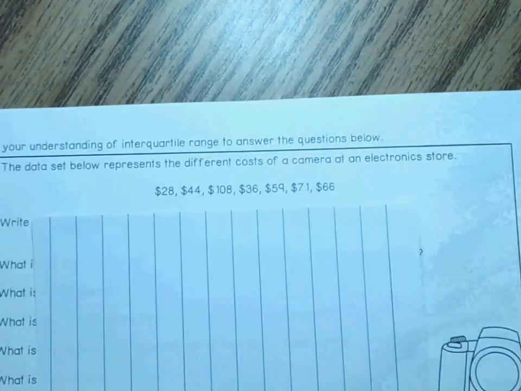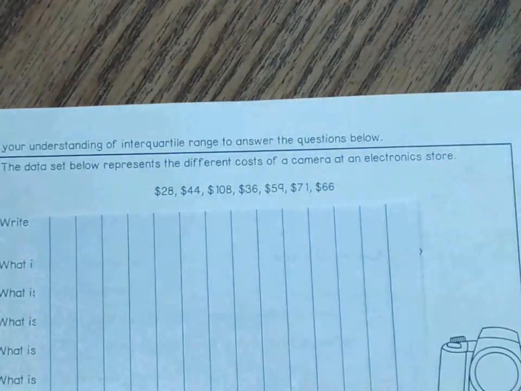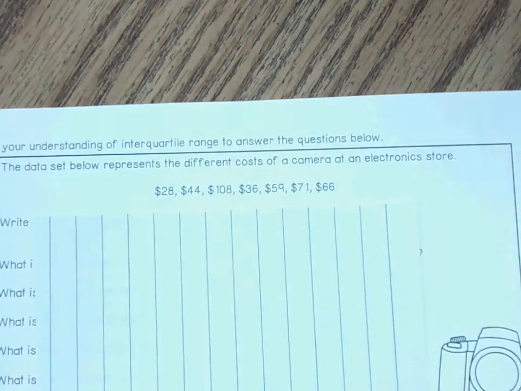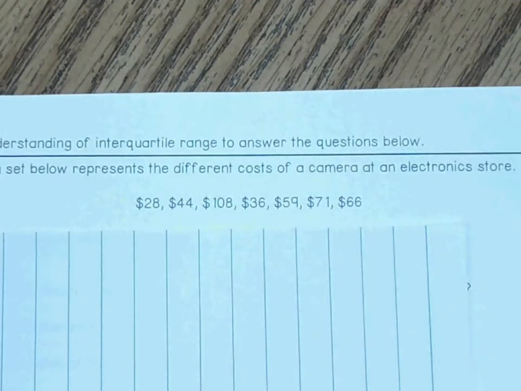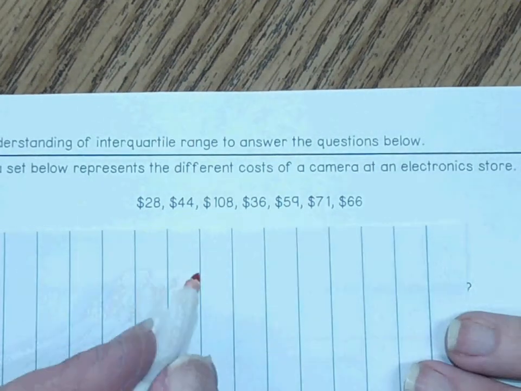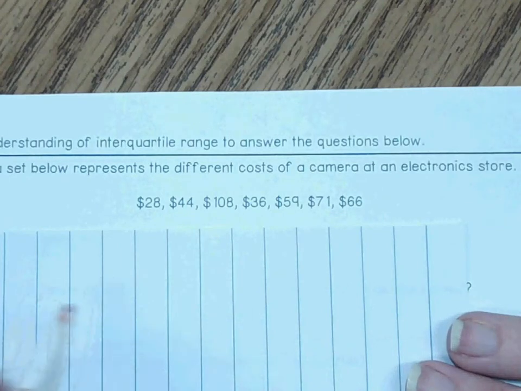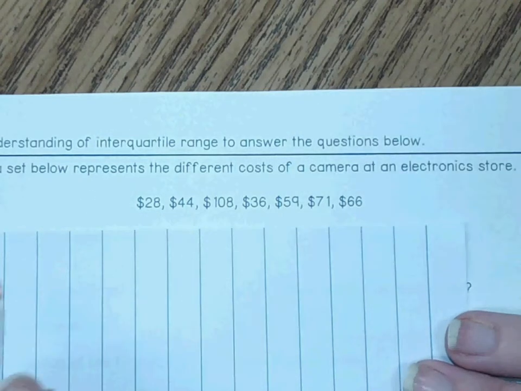So, looking at these numbers here. I don't know why the lighting is so odd on this one. Alright, so what is the least price for a camera? The smallest price? $28?